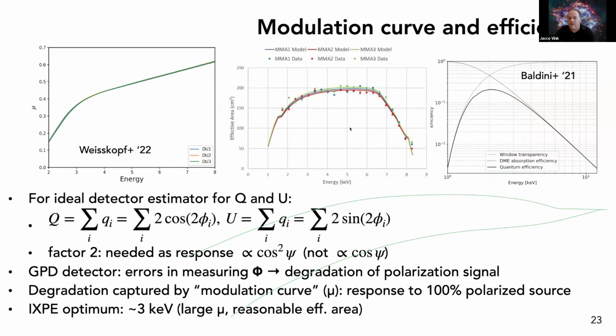Only the effective area goes down, so you have fewer photons. That's why I say around 3 is sort of optimal, with enough photons. And of course, between 4 and 6 keV, you don't expect much line emission. So most of the emission will be synchrotron radiation. So yes, it improves with energy.